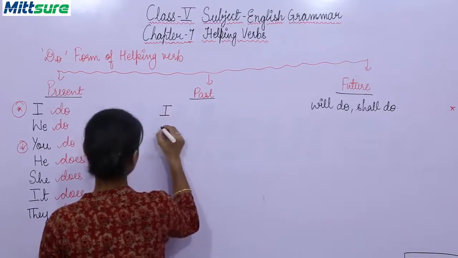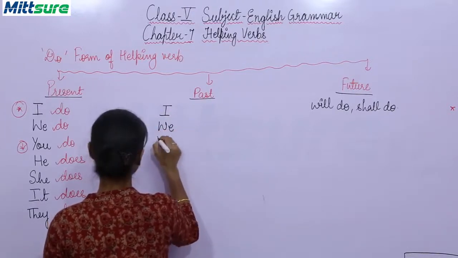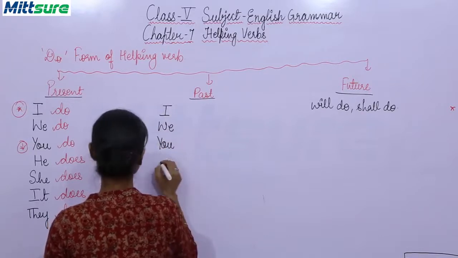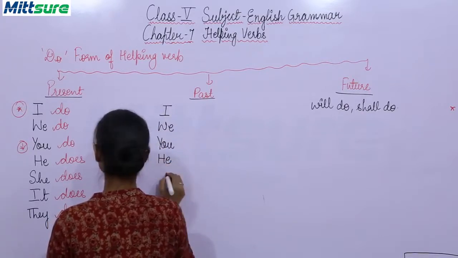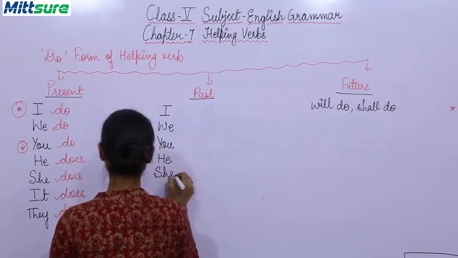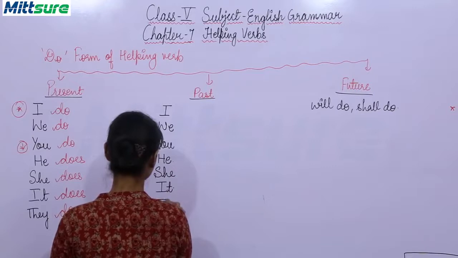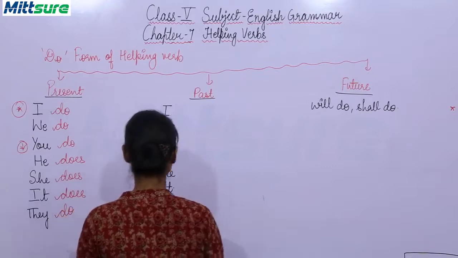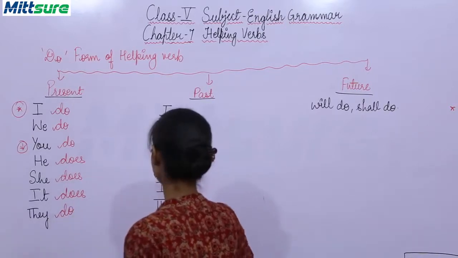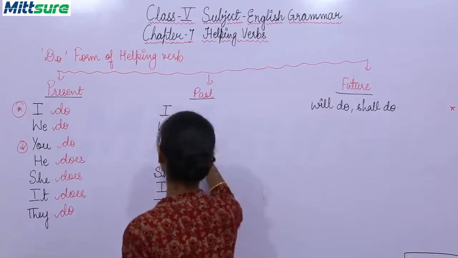I, we, you, he, she, it, they. We are going to use did with all of them.